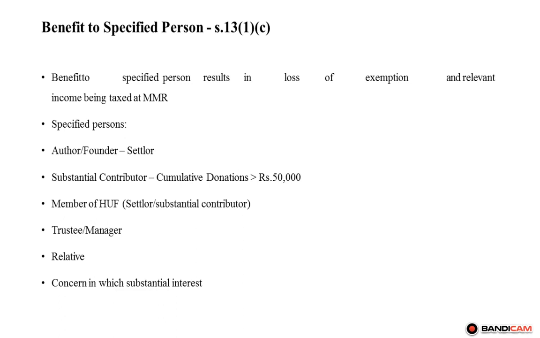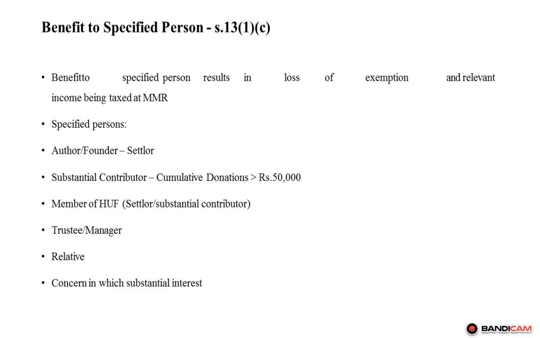So if the trust has been created only for the benefit of certain persons, then the trust cannot get an exemption, or they lose their right to get an exemption, and the income which is earned by that type of trust is taxable. Then specified person. So specified person includes author, founders.